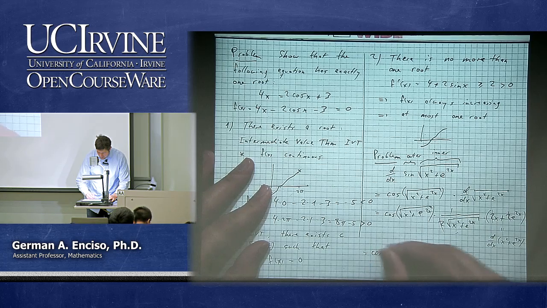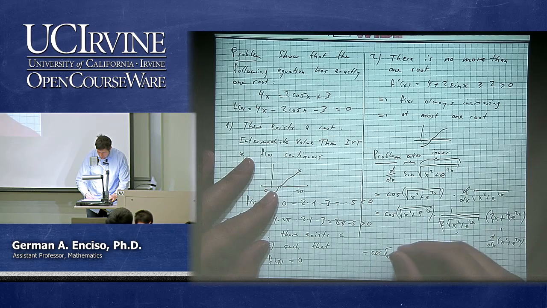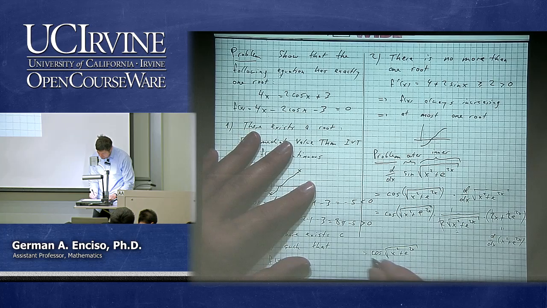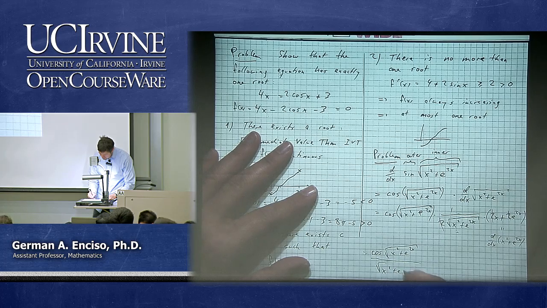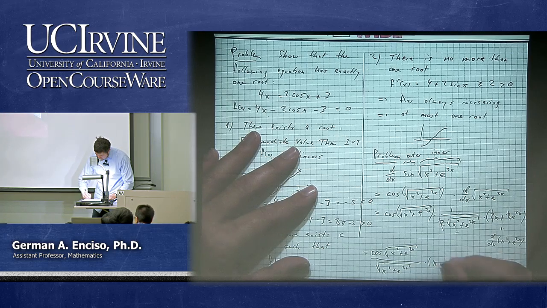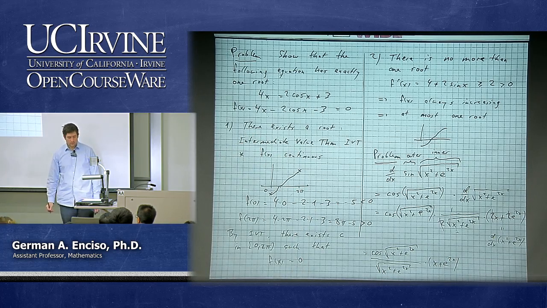This is cosine of square root of x squared plus e to the 2x divided by square root of x squared plus e to the 2x. The whole thing multiplied by x plus e to the 2x. And that would be the answer.